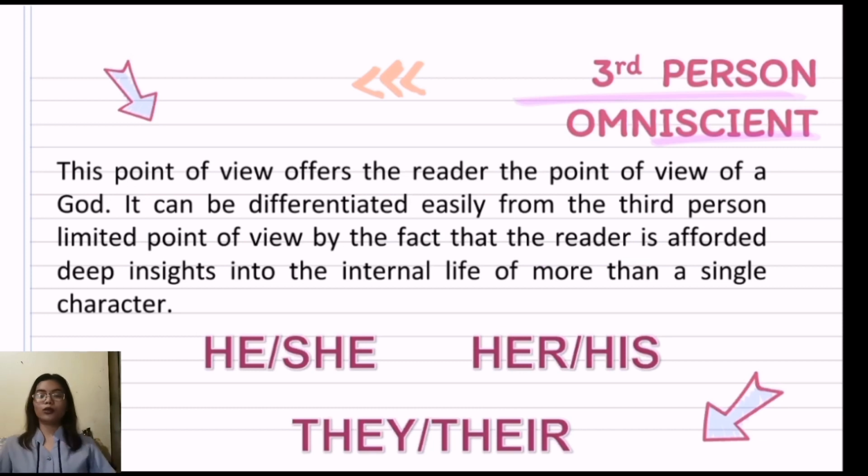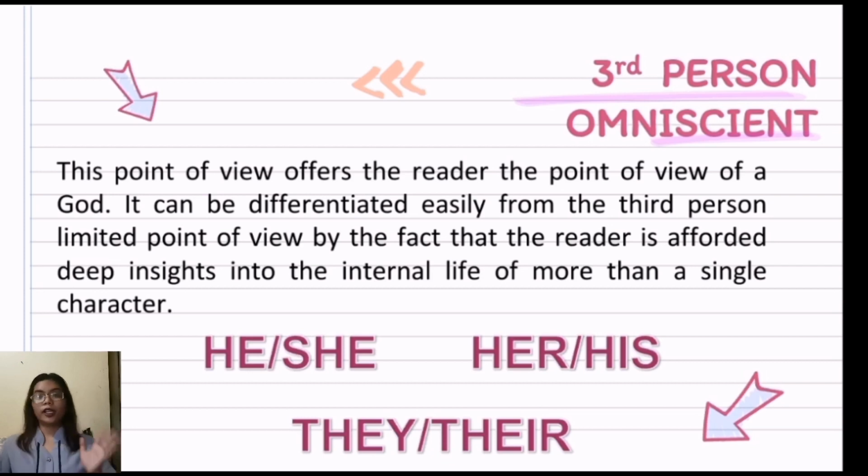Let's move on to third person omniscient. The point of view offers the reader the point of view of a god. It can be differentiated easily from the third person limited point of view by the fact that the reader is afforded deep insights into the internal life of more than a single character.